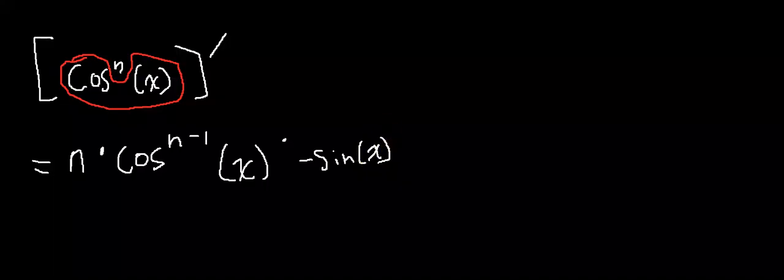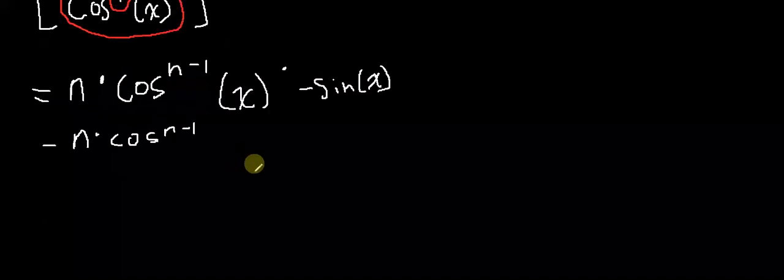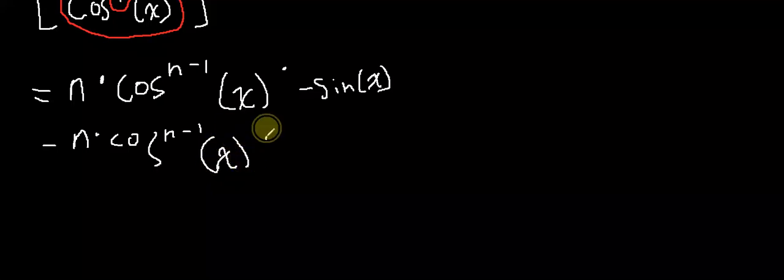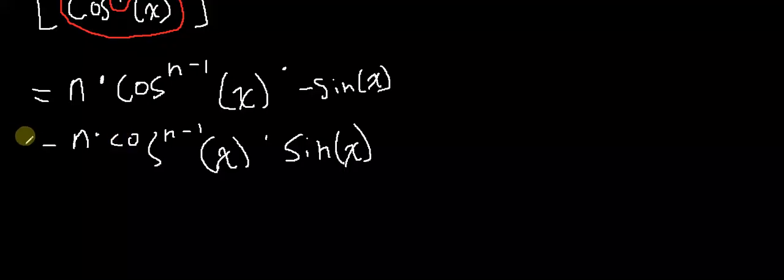So we can rewrite this as negative n times cosine to the n minus 1 of x times sine of x.